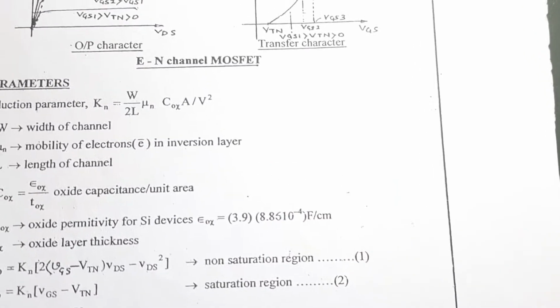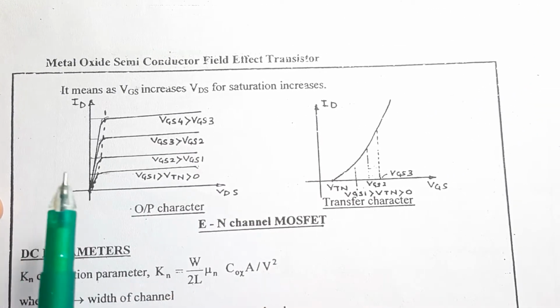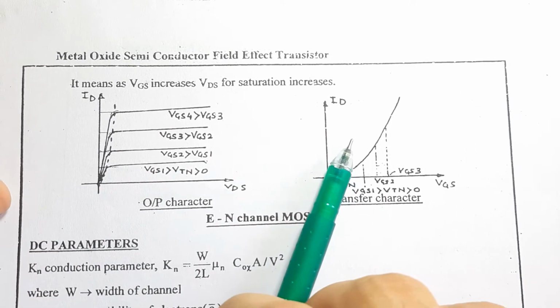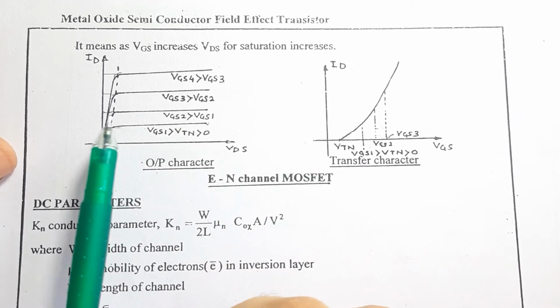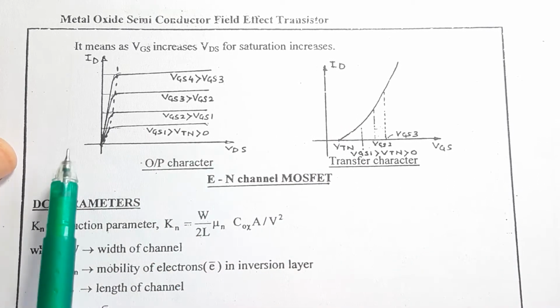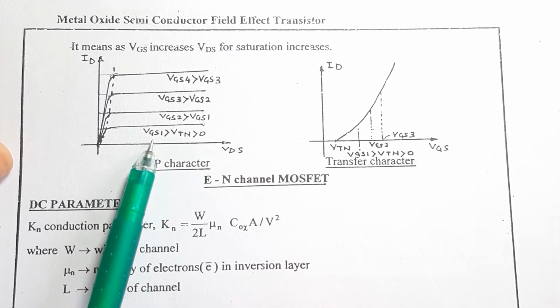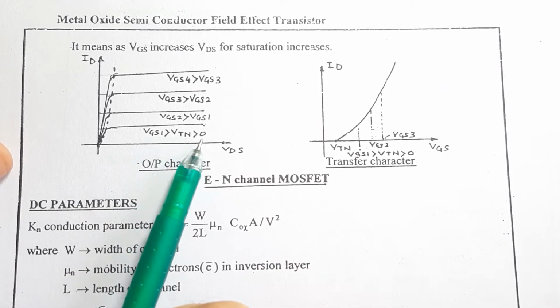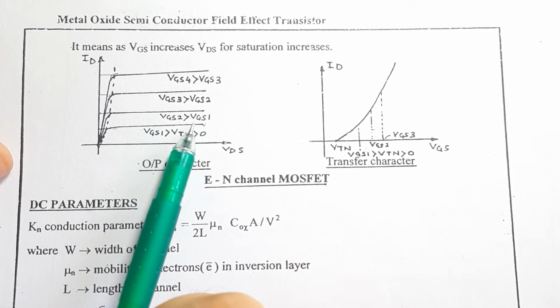Now if you look carefully at the graphs, let us discuss them. This is the output characteristic, while this is the transfer characteristic of the metal oxide semiconductor field effect transistor. The graph is plotted of the output current versus the output voltage. This graph is for VGS1, which is greater than the threshold voltage, which is of course greater than 1. The second output characteristic is for VGS2 greater than VGS1.